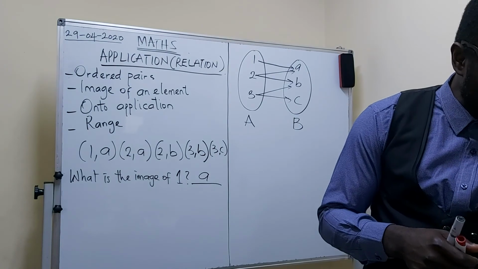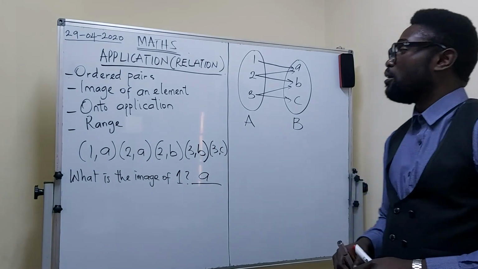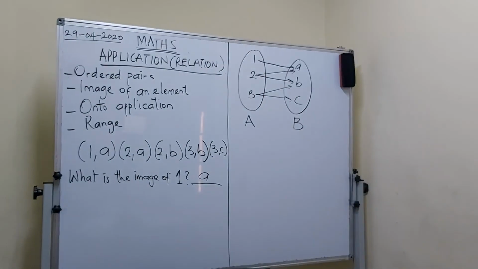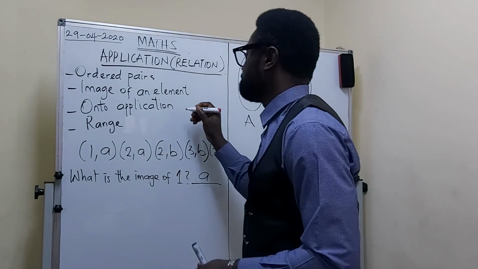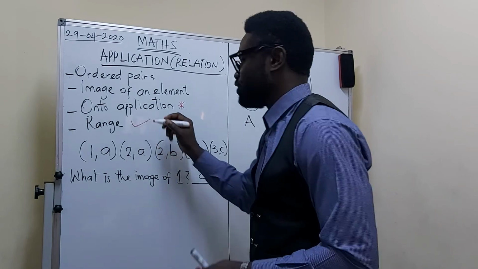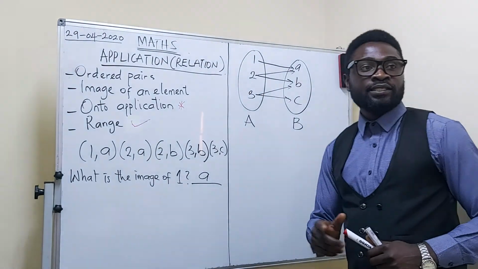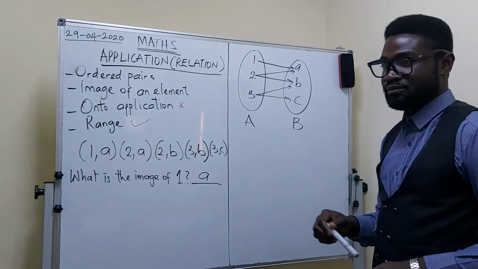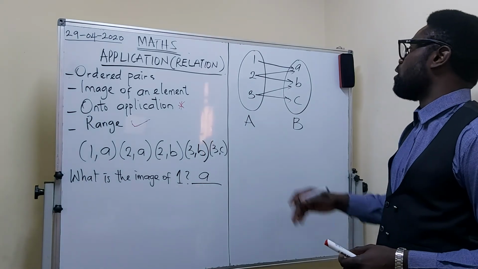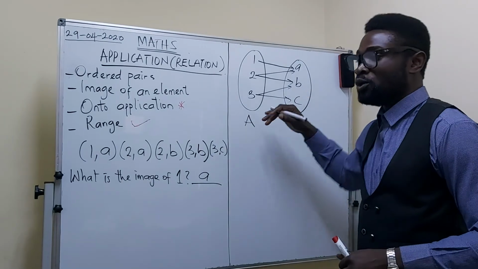I will go to onto application. But before I explain what an onto application is, I would love to speak of range. When we speak of range, the range of an application is the number of elements that are arrowed in the codomain.